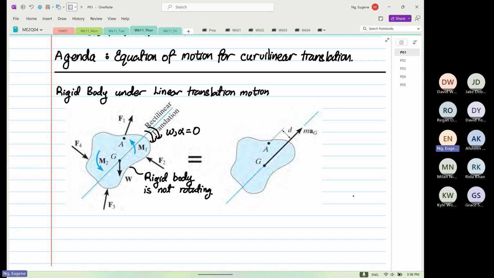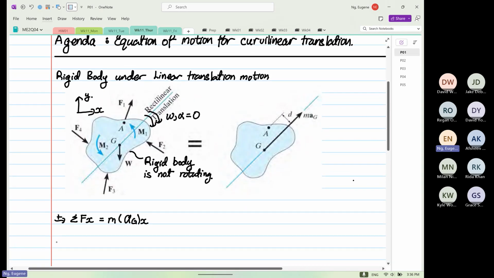Okay. When this is the case, when we have our transformation, this is x and this is y. We have summation of forces, positive going towards the left. Summation of forces in the x direction is equal to m a_G x.